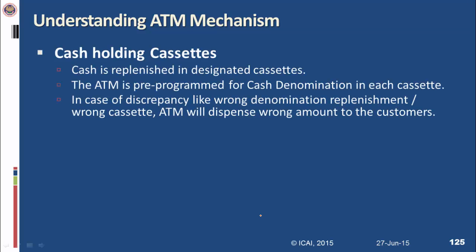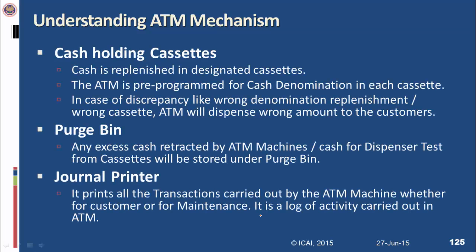First things first, cash holding cassettes, purge bin and the journal printers. Cash is replenished in designated cassettes. The ATM is pre-programmed for the cash denomination in each cassette, so it needs to be ensured that the cash is loaded into the proper cassette. Otherwise, if the 1000 rupee note cassette has 100 rupee notes, and the 100 rupee cassette has 1000 rupee notes, a person withdrawing 100 rupees may get a 1000 rupee note.